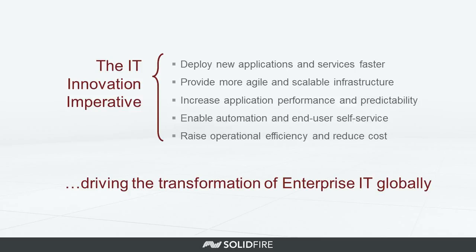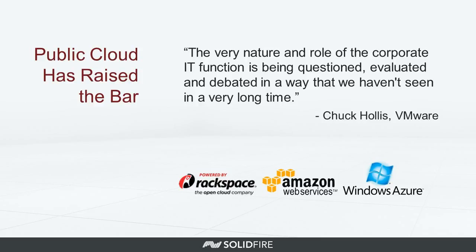And all of these things, these are the questions that we're being asked by customers when they say, what can you do to help me with these problems that I'm having? It's largely going to be around this imperative to innovate, this imperative to drive faster than we've been able to drive before. And partly, this is being driven by the presence of the public cloud.